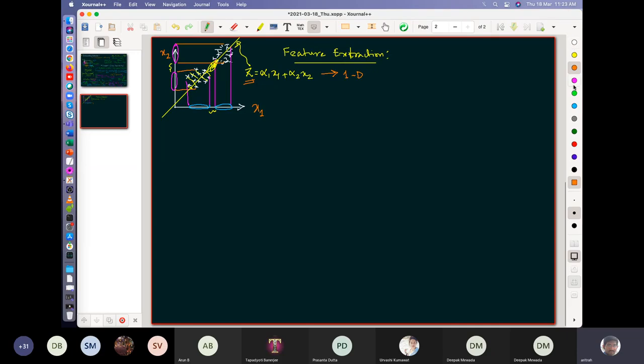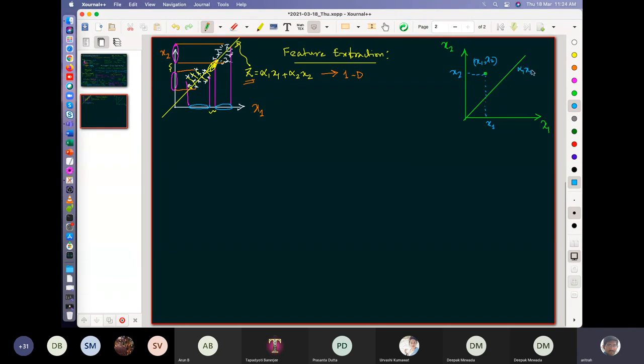So in more clear words, or diagrammatically, what I am trying to do: suppose I have a point here, and you know that this point is x1 comma x2. I have a line here.